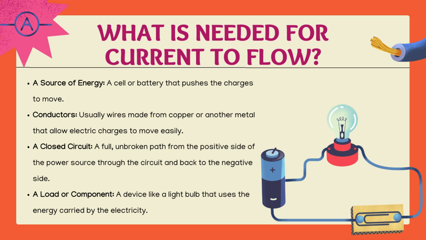Lastly, we need a load, or device that uses electricity. This could be a light bulb or a motor or any component that does something with the energy. For instance, a light bulb that makes light, a buzzer that makes a sound, or a remote control that, if you press it, the TV goes on.